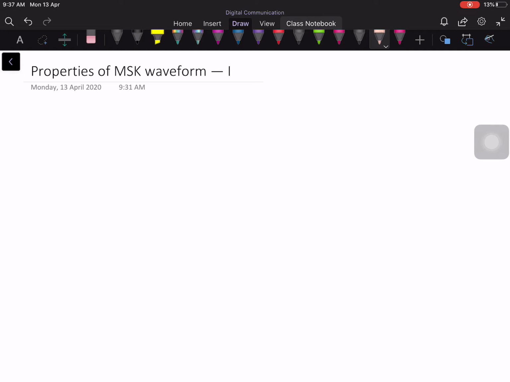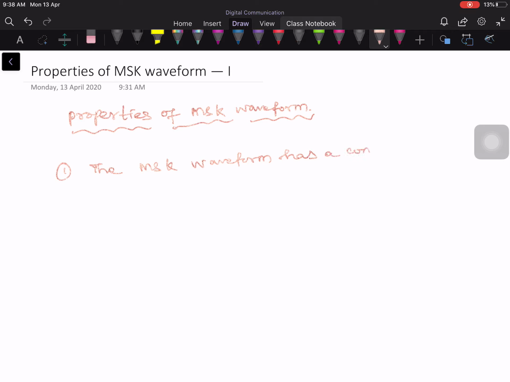The first property that I like to talk about is the fact that the MSK waveform has a constant envelope.